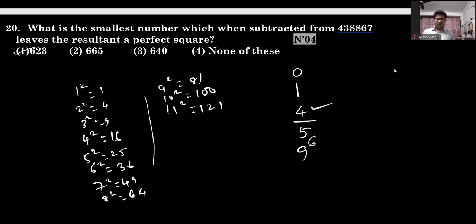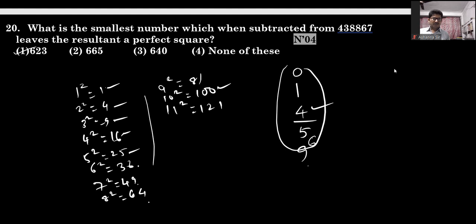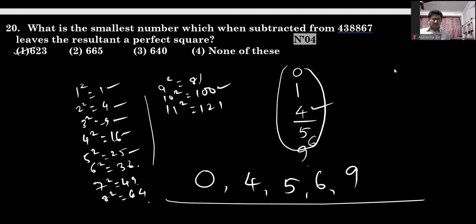So if we observe, we can identify in these results 0, 1, 4, 9, 6, 5, 6, 9, 4. These only repeat. So perfect square numbers end with 0 or 4 or 5 or 6 or 9. So based on these digits we can identify which is perfect or not. So option 1 is correct, children.